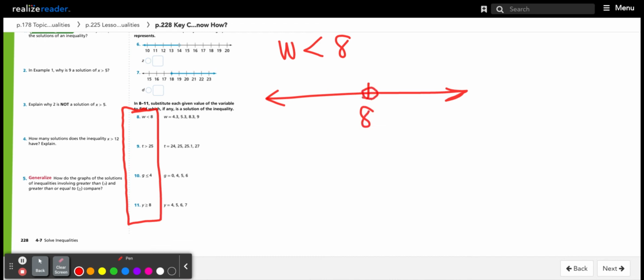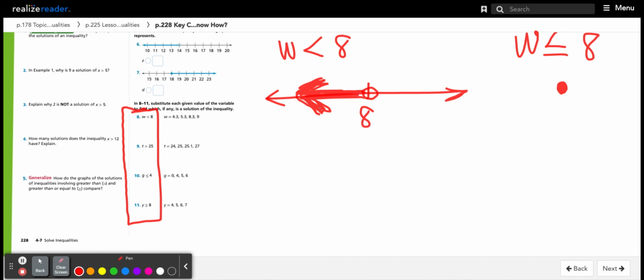Start by putting a circle there. W is less than 8. Okay, so it's an open circle because it's only less than. If it was W is less than or equal to 8, then we would have a closed circle. But it's only an open circle now, and W is less than 8, so it's going to be all values to the left of 8. So you just draw a dark arrow to represent W is less than 8.